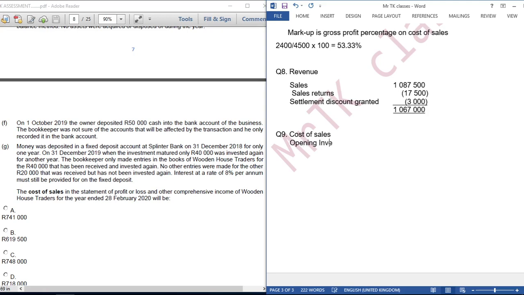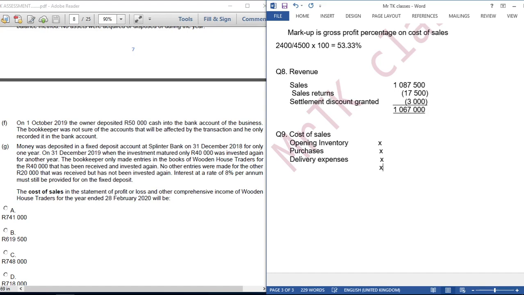We add purchases. Okay, let's add delivery expenses. Then we'll get a total here.